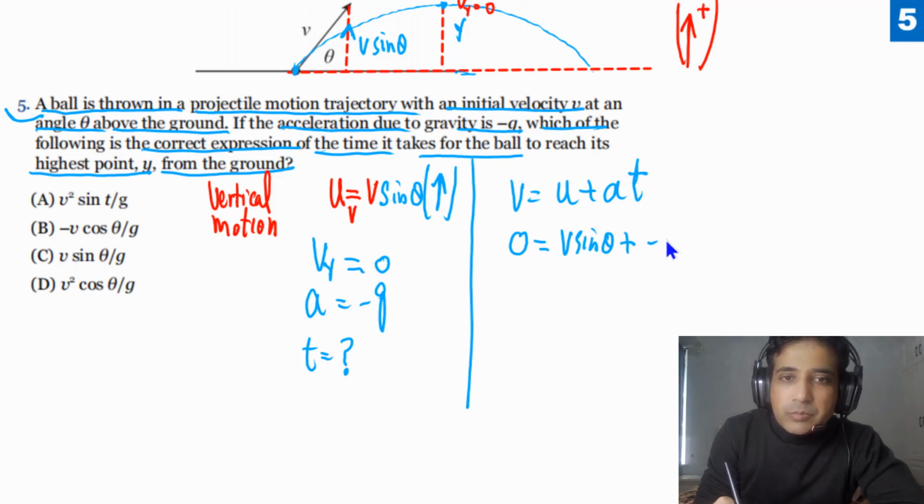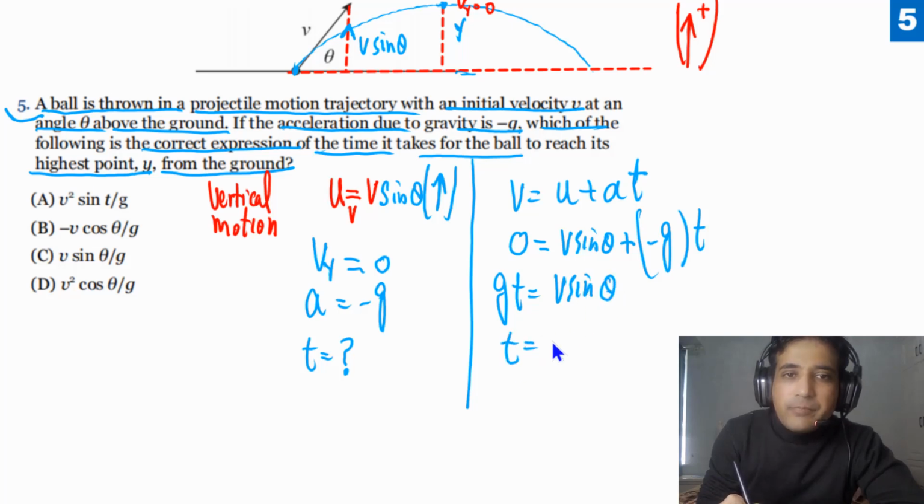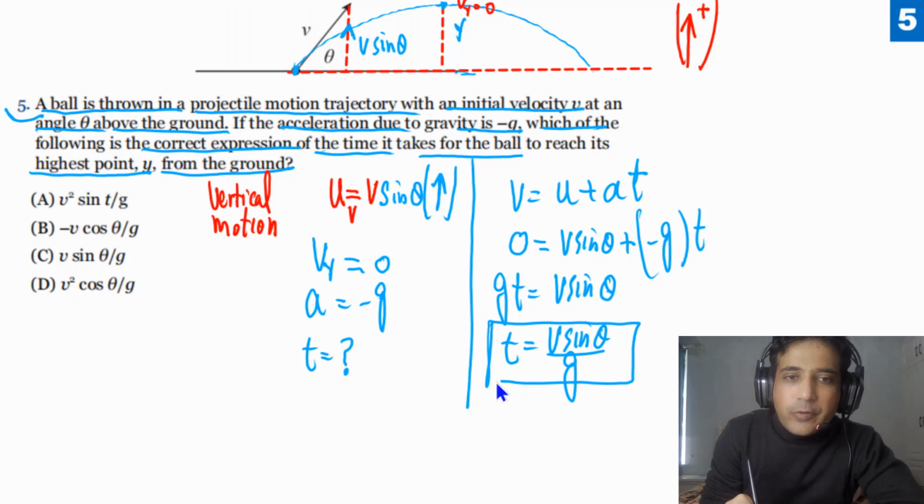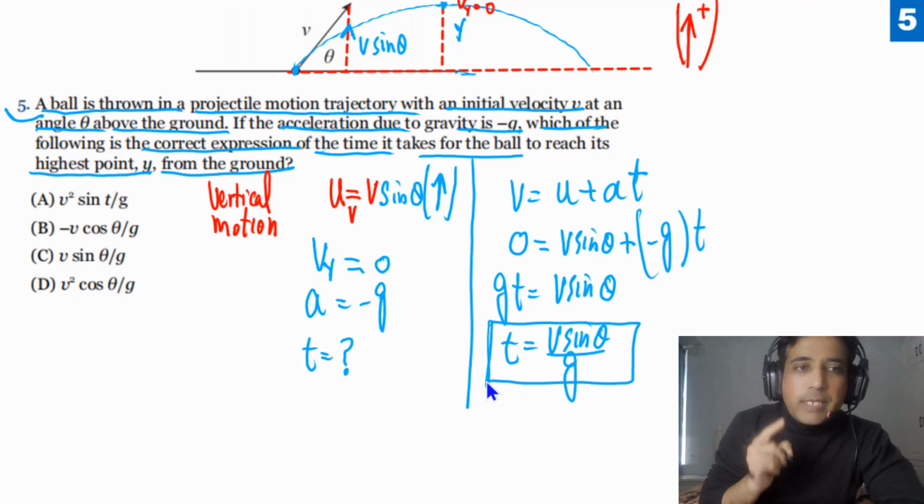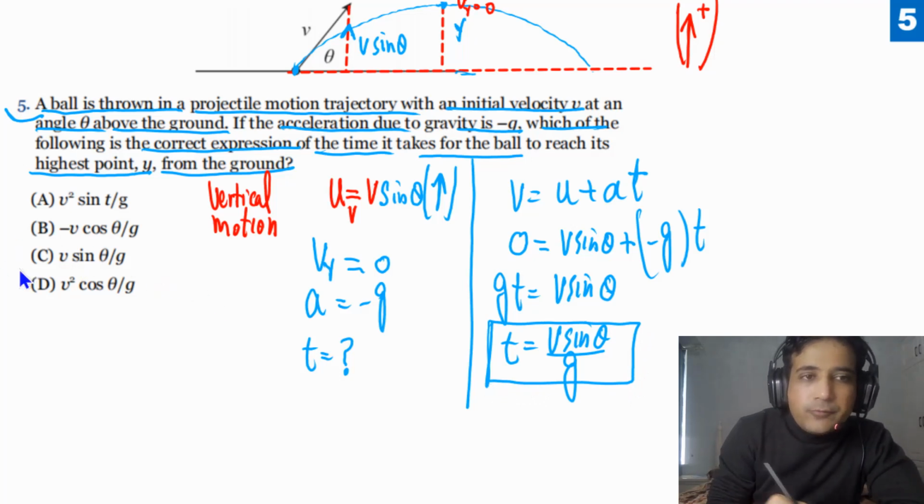We need to find time. So we can write gt in this case will be equal to v sine theta. And we need to find time, so this will be equal to v sine theta divided by g. So this is the expression for time. Now we look at the given options and we can find the answer. If you look at the given options, the answer for this question is C. So C is the right answer.